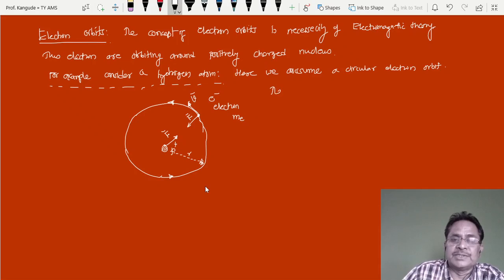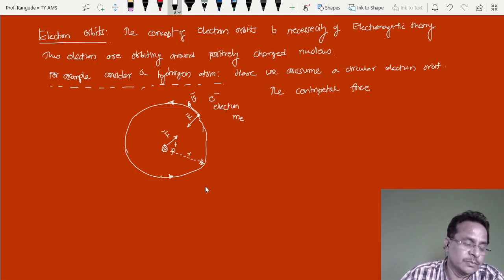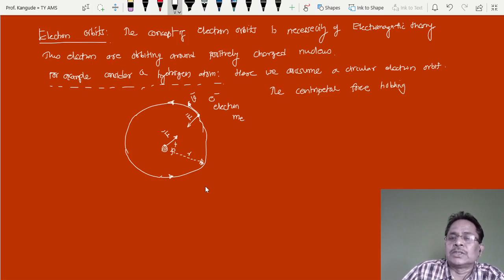Now the centripetal force holding an electron in the orbit will be given by Fc.